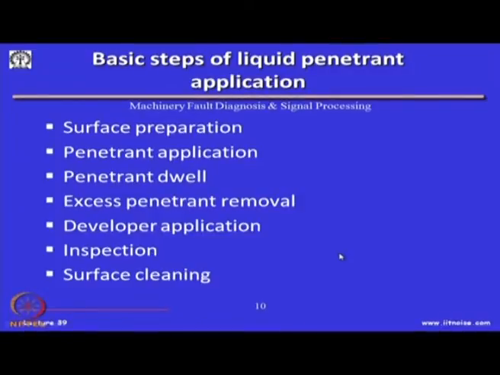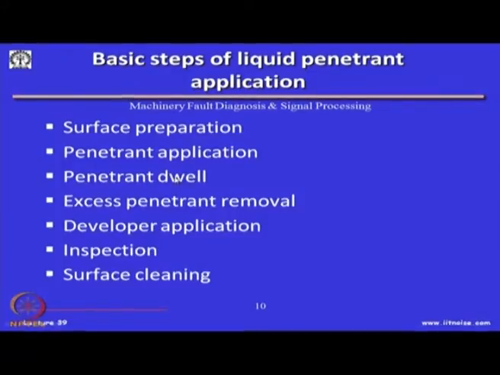So, some of the basic steps which have to be followed while applying the liquid penetrant are: we have to prepare the surface so that there are no rough surfaces to feel. We have to nicely clean it, degrease it, okay, and then penetrant is applied.